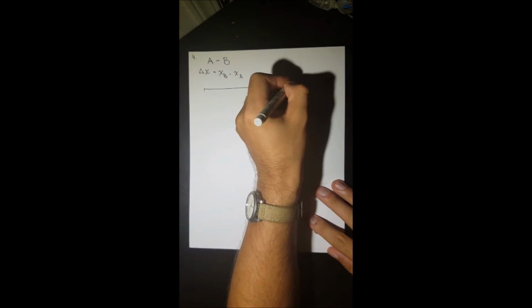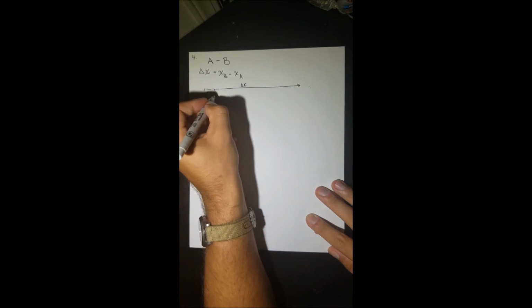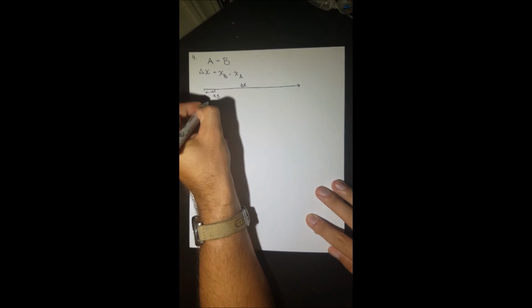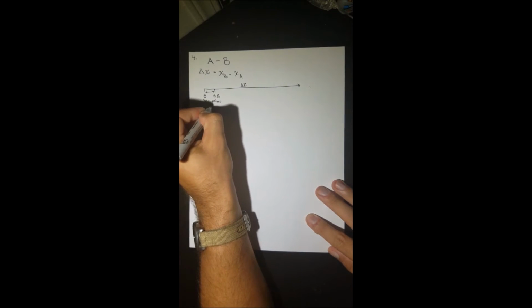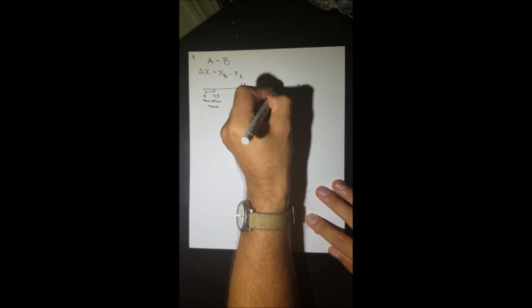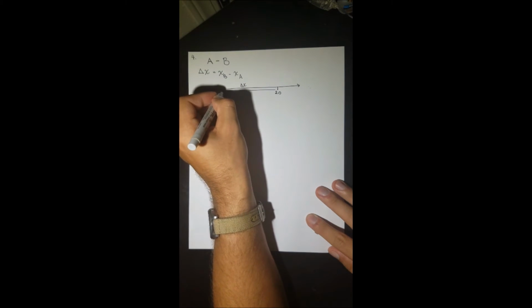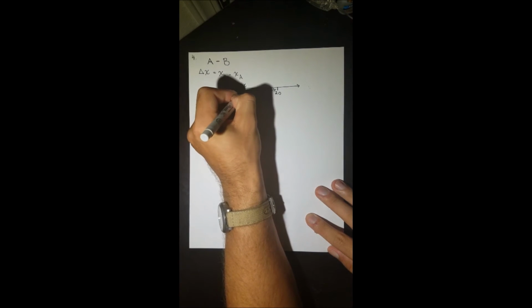Now we can construct a scale. If your electronegativity difference, your delta chi, is between 0 and 0.5, this is considered a nonpolar bond. If it's between 0.5 and 2.0, this makes a polar bond.